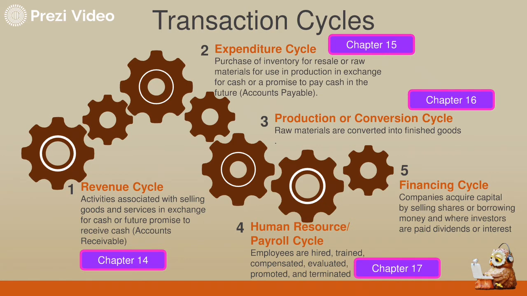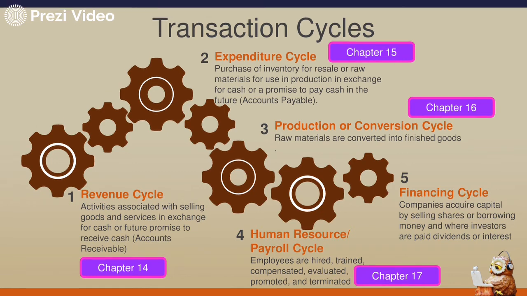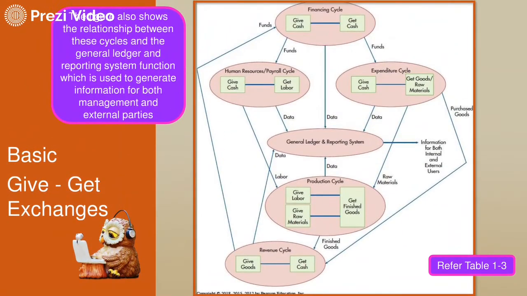Okay, and then if you look at the next figure, which is figure 1.3, this is where you can see the interrelation between the AIS and the subsystems, the cycles basically with the AIS. It shows the relationship between the cycles and the general ledger and reporting system function.